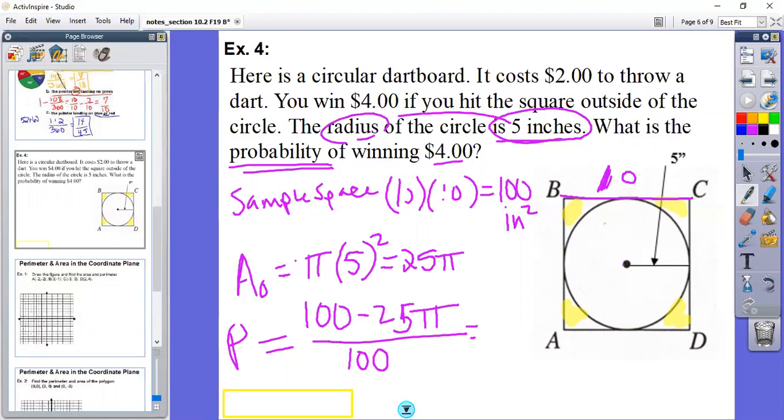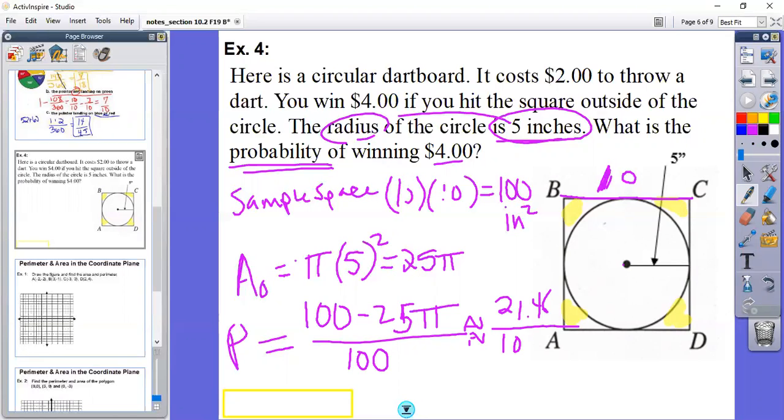And then we're just going to plug that into our calculator. So I'm going to have 100 minus 25 pi. For that, I'm getting approximately 21.46, yada, yada, yada, some other decimals there.